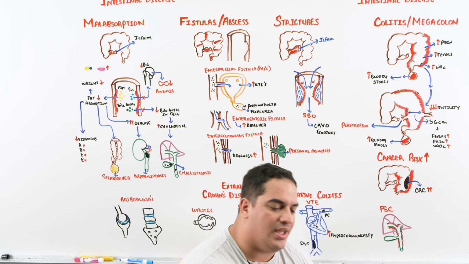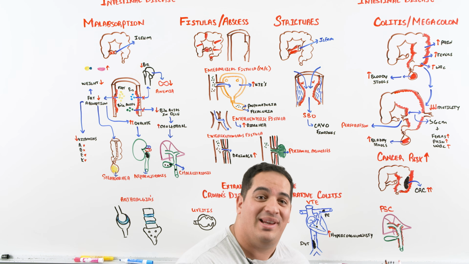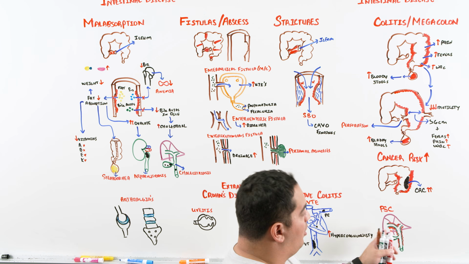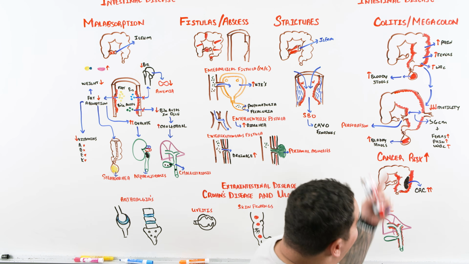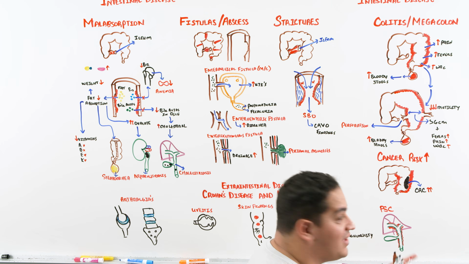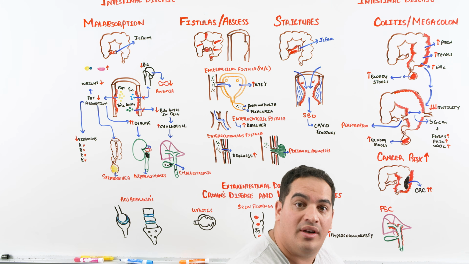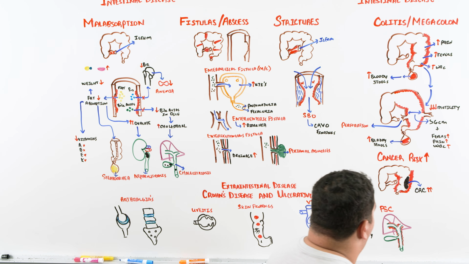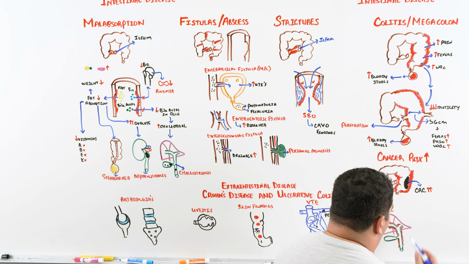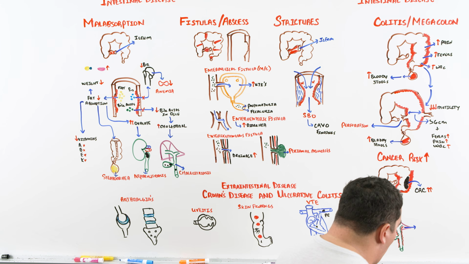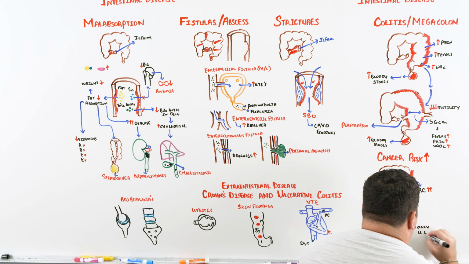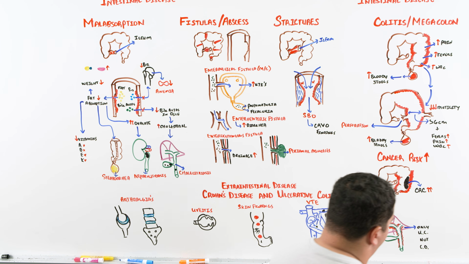If you have UC, there's a chance that you could have PSC, so it's really important to understand that relationship. In patients who have PSC, look for features like jaundice, pruritus, and increasing risk of cirrhosis. But again, this is a really big one to remember, and it's primarily only associated with ulcerative colitis, not Crohn's disease, okay?